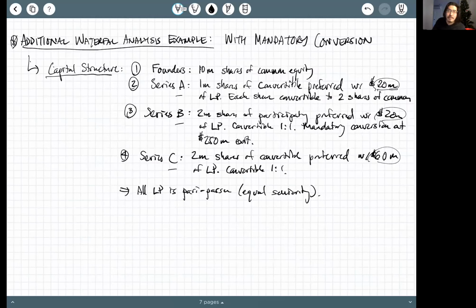So first thing that could happen might be Series A converts first, or Series B could be forced to convert first, or Series C could voluntarily convert first. So we're going to consider all 3 of these possibilities. So step 1 of waterfall analysis: what happens first?